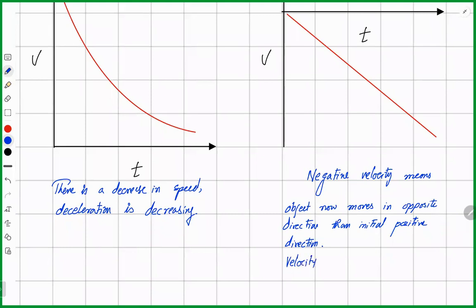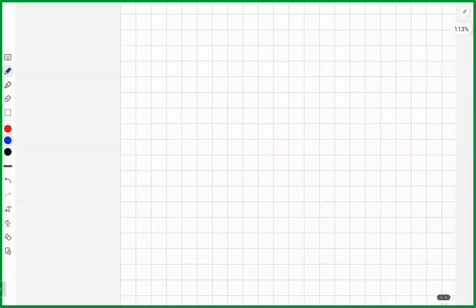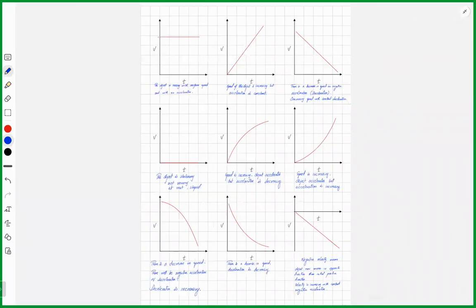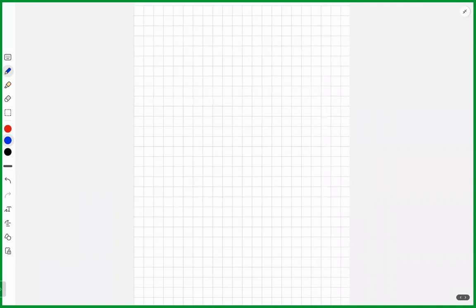Velocity is increasing with constant negative acceleration. There's a constant negative acceleration and the velocity is increasing in the negative direction. So these kinds of graphs can appear in front of you for velocity time, and you should be able to explain them. Let's have a composite graph.